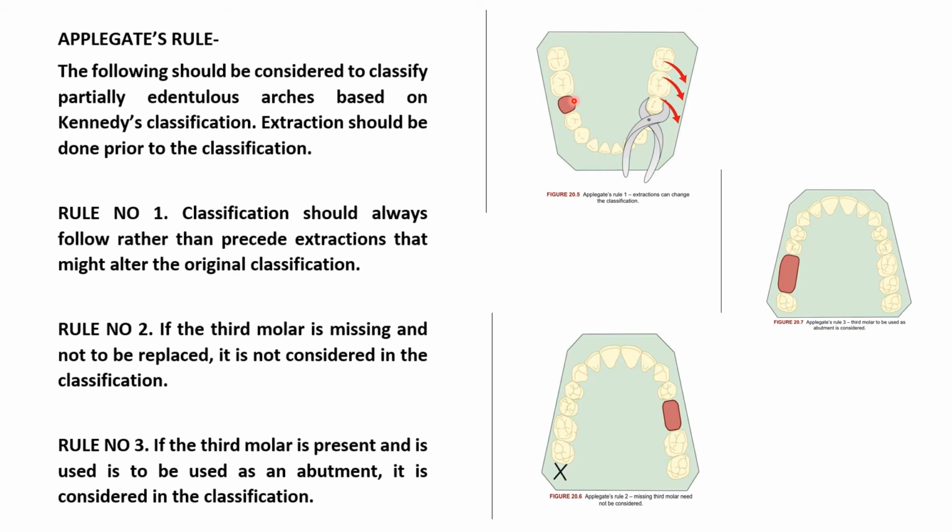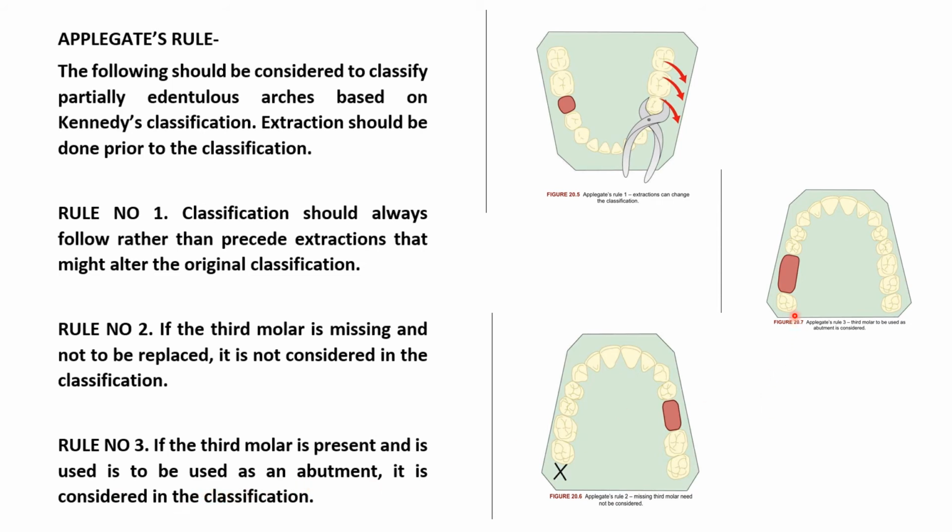Then rule 2 is if the third molar is missing and not to be replaced, it is not considered in the classification. If it hasn't erupted or is missing for any reason and is not to be replaced, it is not considered. Rule 3 is if the third molar is present and is used as an abutment, it is considered in the classification.